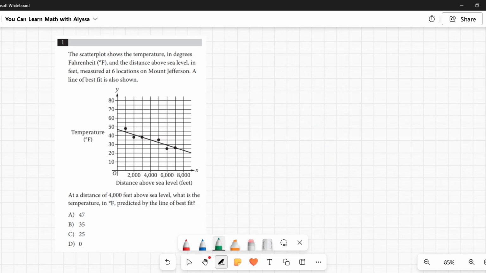This is one where they're just asking you to look not at the dots, but at the line itself. They're saying at 4,000 feet above sea level, which is this bit right here, what is the temperature predicted by the line?